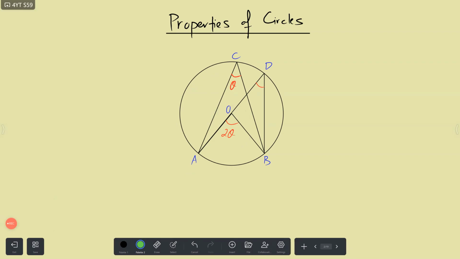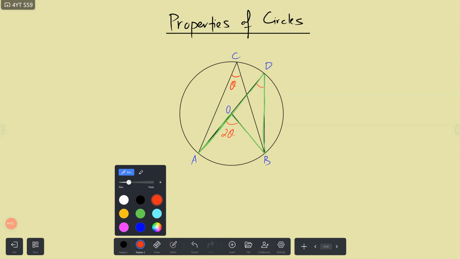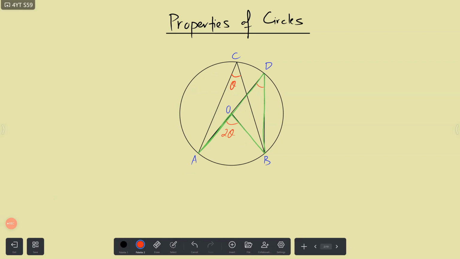So angle ADB starts at A, goes to the circumference, then ends at the point B. Okay, let's try for angle AOB. It starts at A, goes to the center, then ends at point B. So because they have the same starting and ending point and both face the same direction, then we can simply say this angle is also theta, just half of the angle at the center.